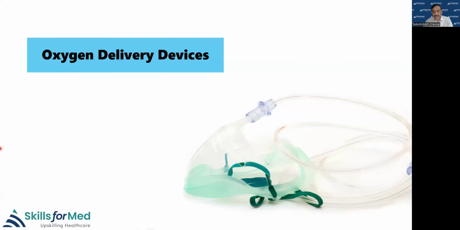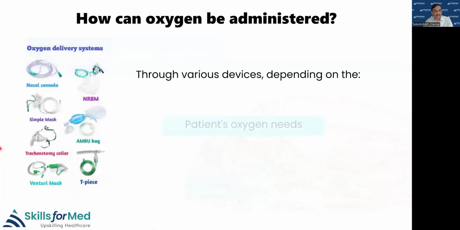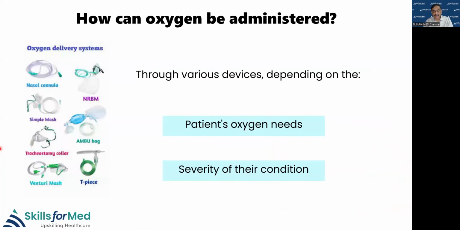So with that, we will get into the oxygen delivery devices. Oxygen has to be delivered through some device, right? So these are known as oxygen delivery devices. In a previous webinar, we talked about the various oxygen banks, how oxygen is brought to the wards, and what the flow meter is. We also had a podcast on this with Mr. Vinod.